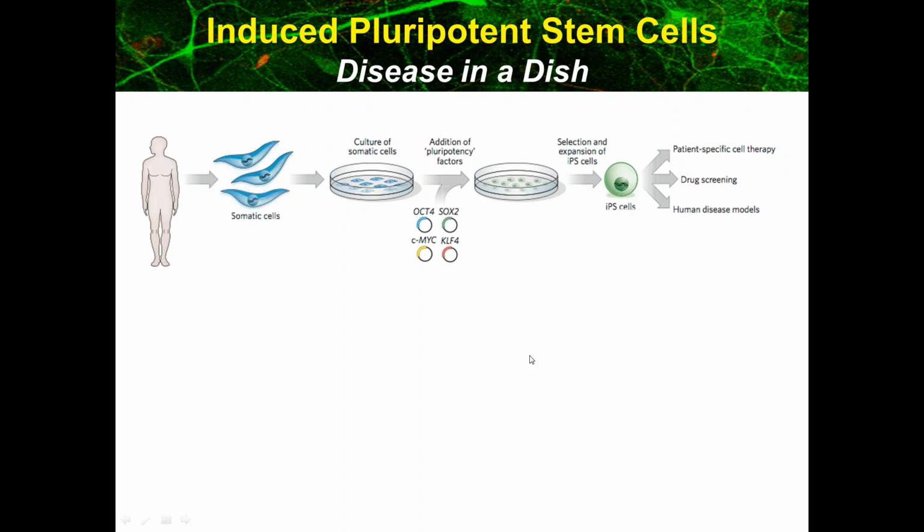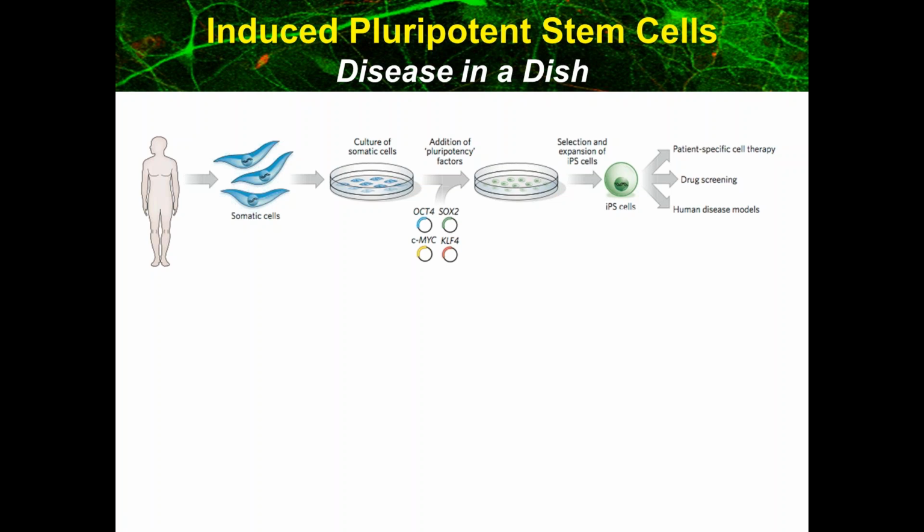His group determined that you could reprogram body cells, like skin cells and blood cells, to go back into this pluripotent state. And then once they're in that state, we can direct them to become other cells, such as brain cells or heart cells or muscle cells.